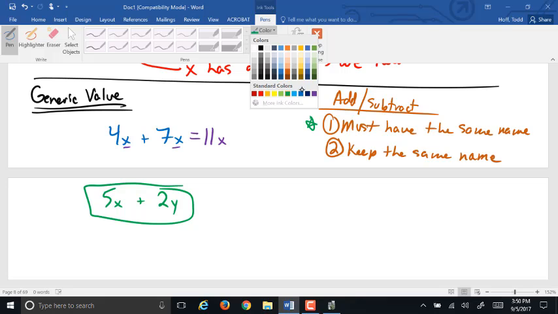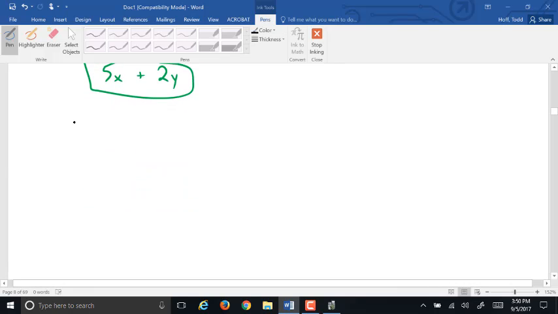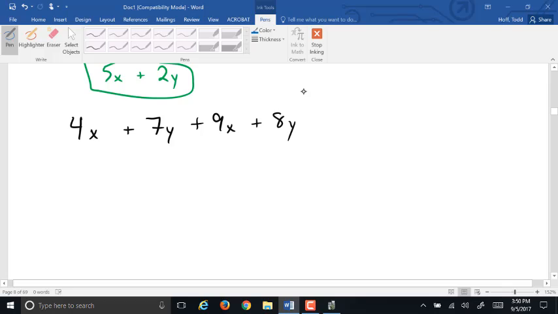Now that doesn't mean if they're not all the same variable or all the same name that we can't do some combining. We might have 4x plus 7y plus 9x plus 8y. We can still combine here the things that are alike.